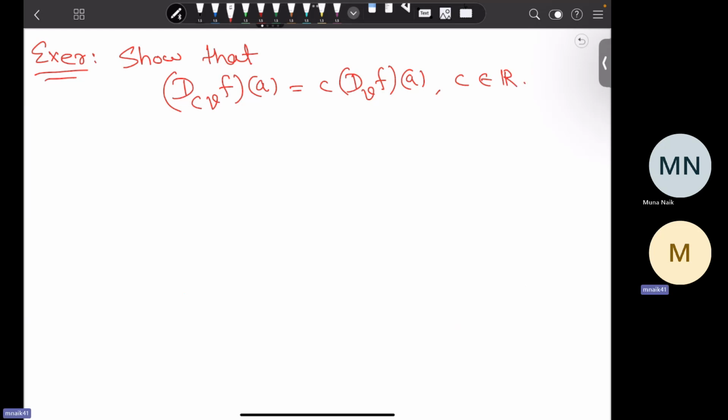So the directional derivative in the direction cv is equal to c times d_v f(a), c belongs to R. And another thing, okay, so this exercise has two parts.